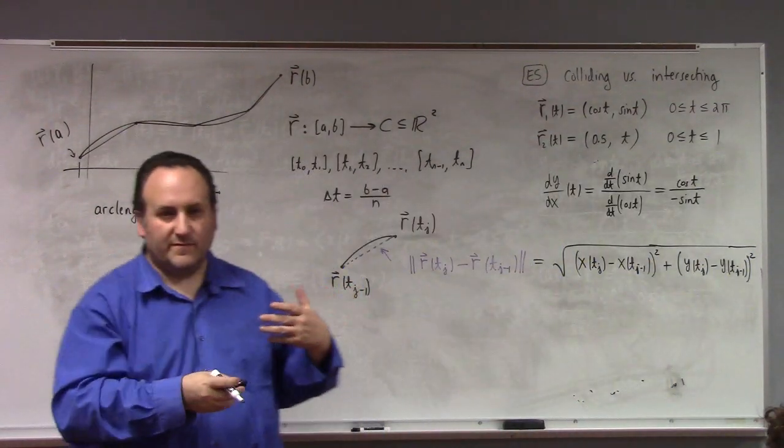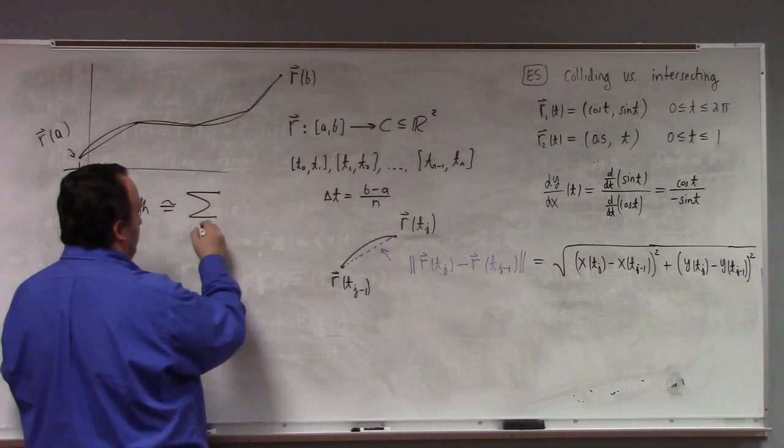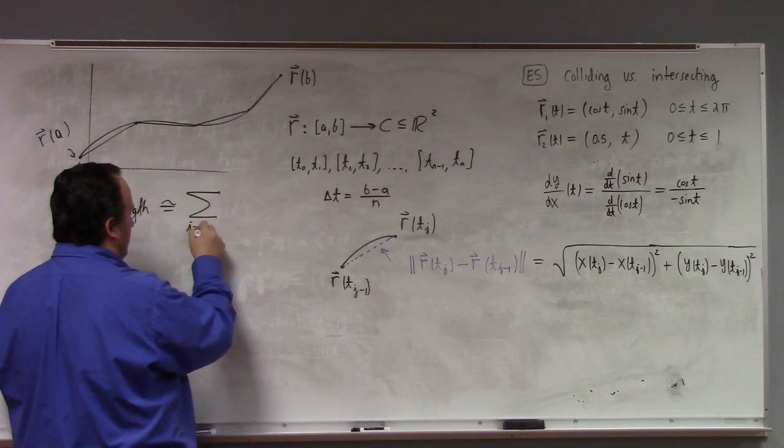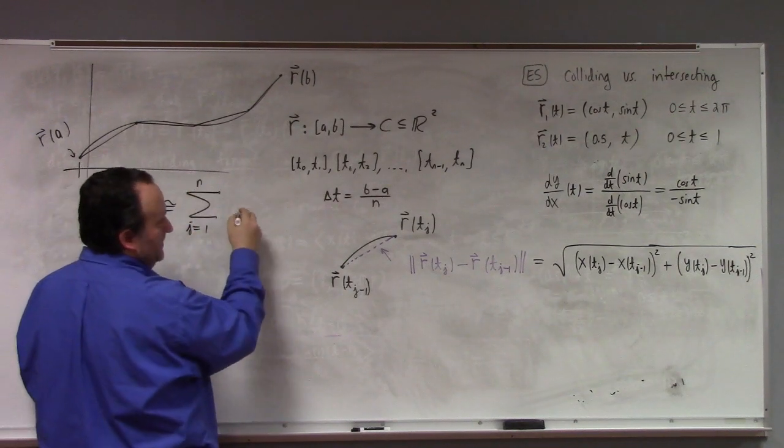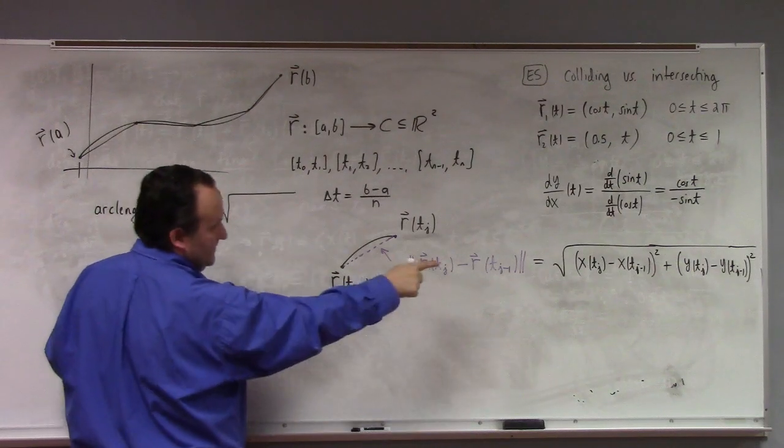That's not going to give us the exact arc length for the curve, right? That's an approximation for the arc length of that little segment, but it's a reasonable approximation, isn't it? So we've got a sum, j equals 1 to n, of the square root of that stuff.